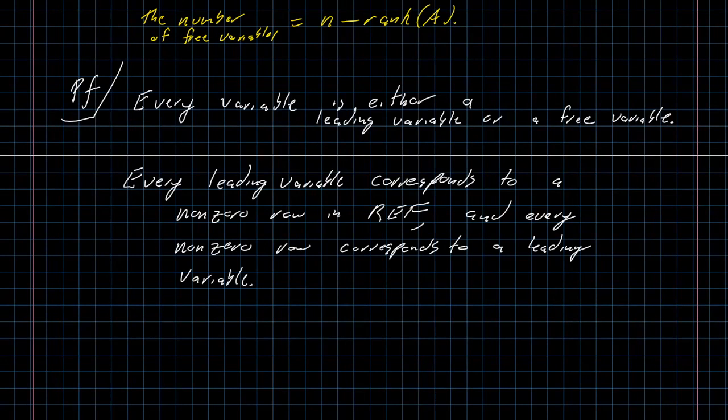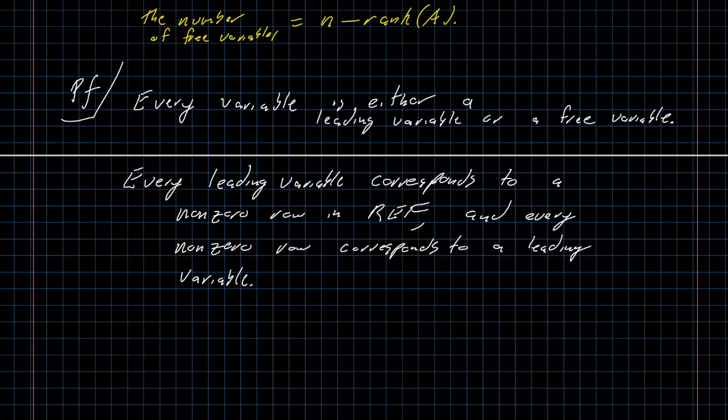My next claim feels like it's being overstated, but we really do need that much detail. The definition of a leading variable is the variable that corresponds to the leading entry or to a leading entry in the matrix. And when the matrix is in reduced row echelon form or even just row echelon form, each row has one leading entry.